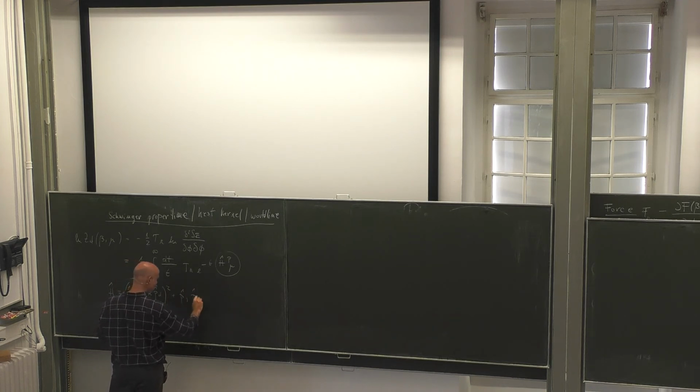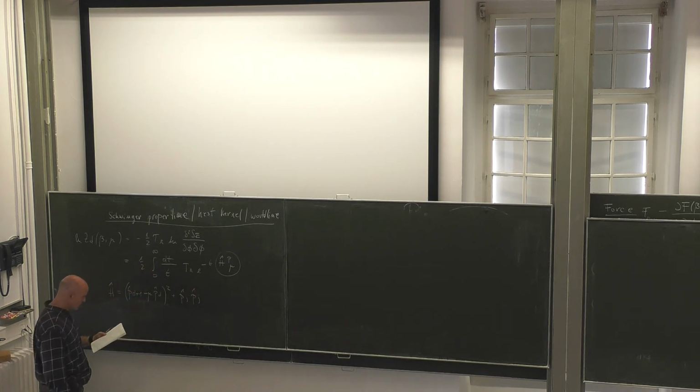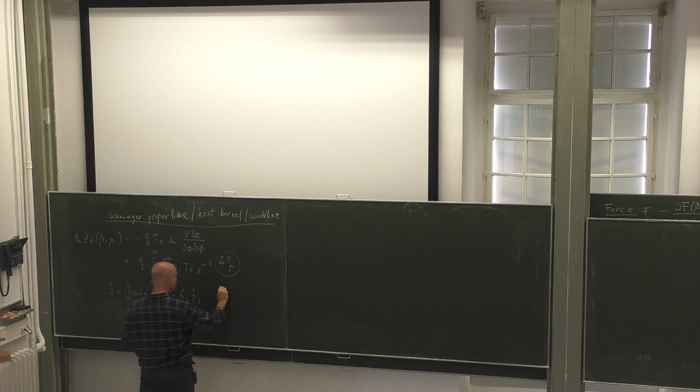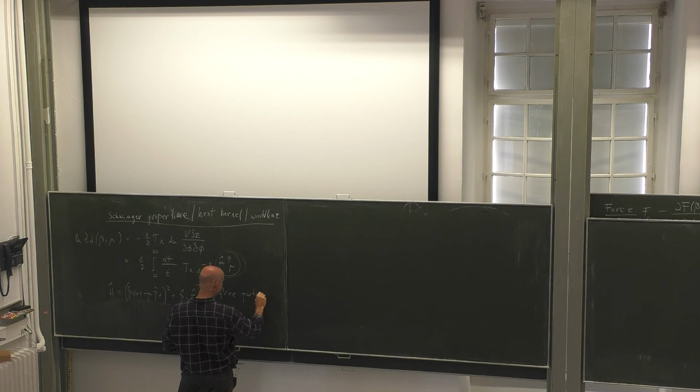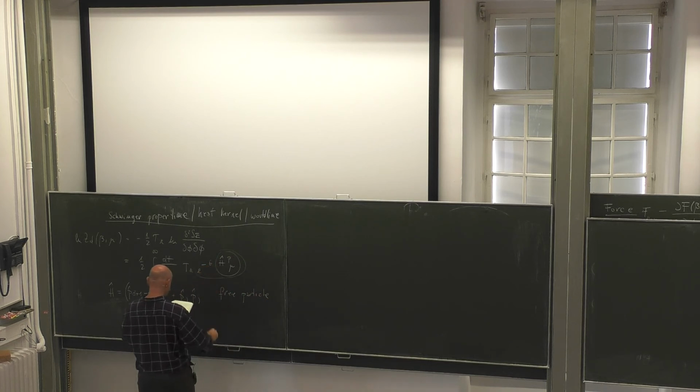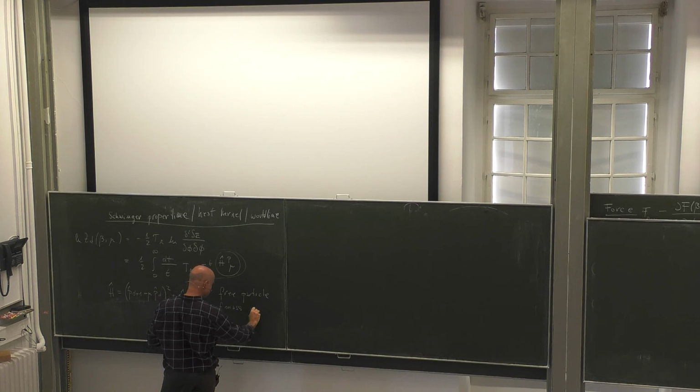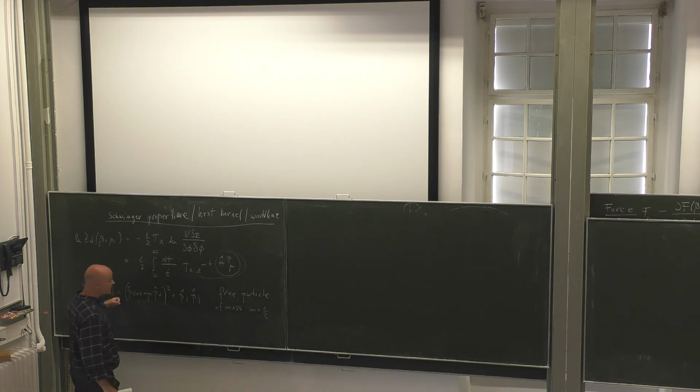But basically, you see that you have to compute the partition function of a free particle. If you want to control this object here, you have to think about the free particle of mass, in this case, m is equal to 1/2, because usually it will be p squared over 2m, okay, in d+1 Euclidean space.